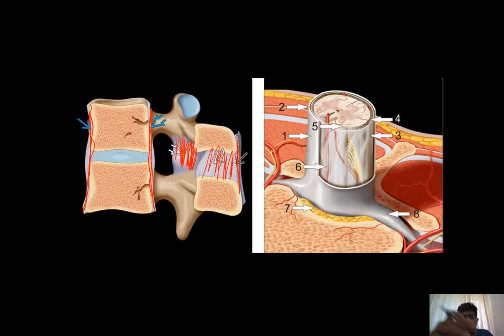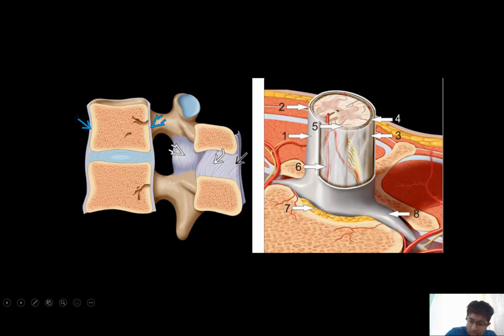So these are the ligaments which are holding together all the vertebral bodies, and between two vertebral bodies we have the intervertebral disc.